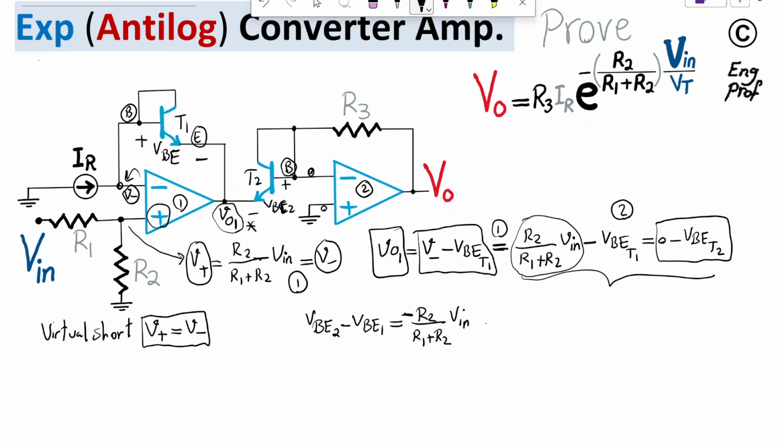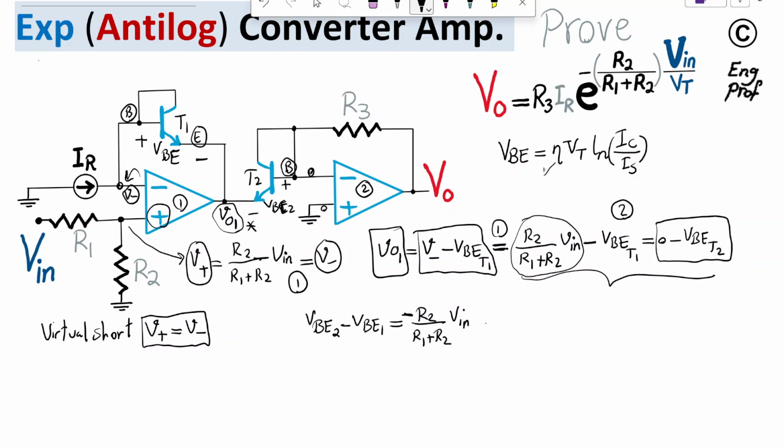Okay, now let's use the base-emitter voltage and current equation of the transistor. That is basically the diode equation. So the voltage of base-emitter for a bipolar junction transistor is equal to eta, which is the ideality factor, times the thermal voltage Vt, times the natural logarithm of the current through the transistor, let's say the collector current, divided by the saturation current of the transistor.